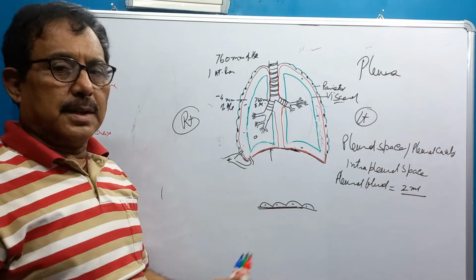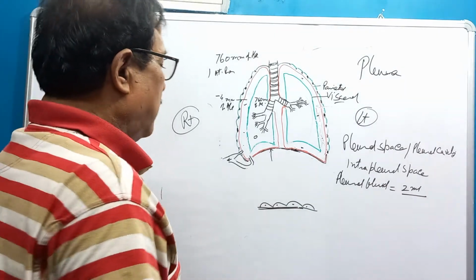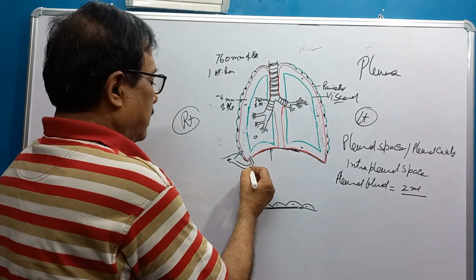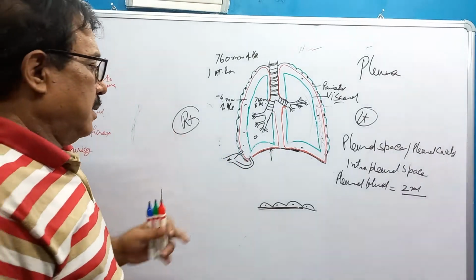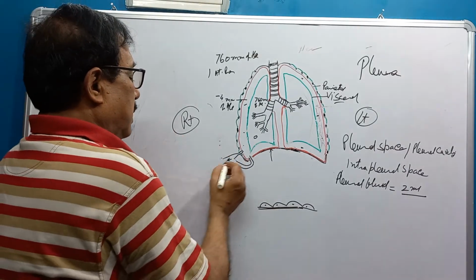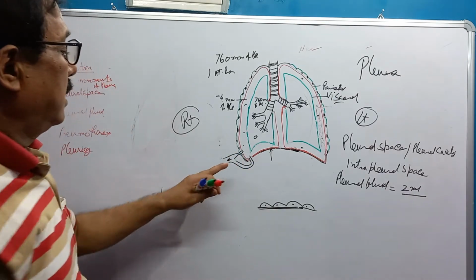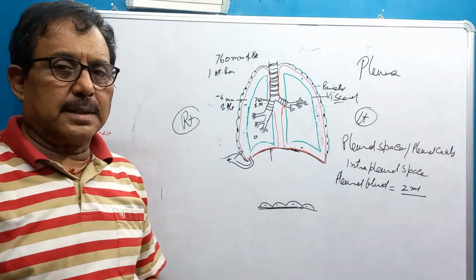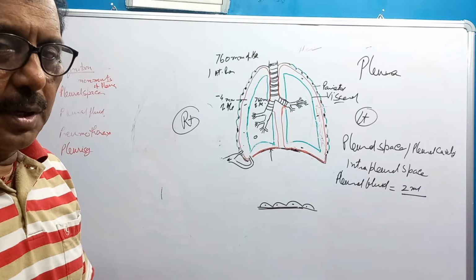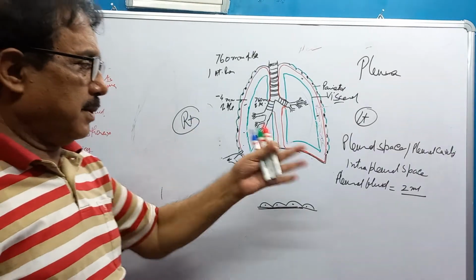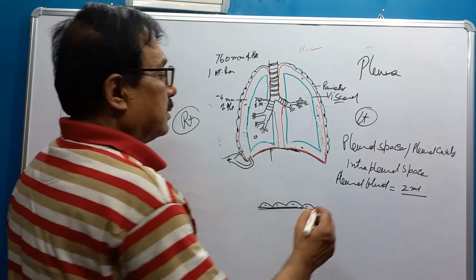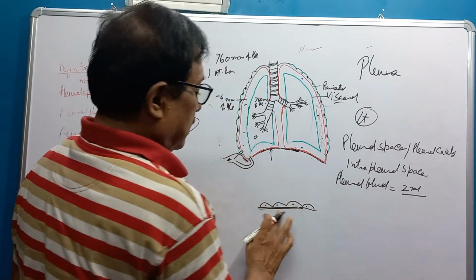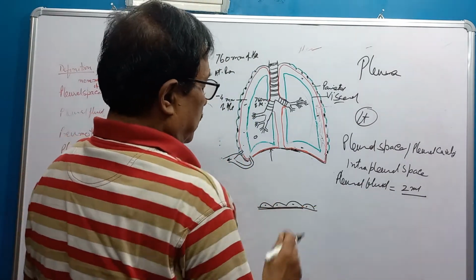Continuous secretion of pleural fluid is going on, and drainage is also there. Lymphatic drainage is also going out. It is being absorbed. This suction effect contributes to the negative pressure of the intrapleural space. This is about the pleural fluid, the elastic tissue and mesothelium.